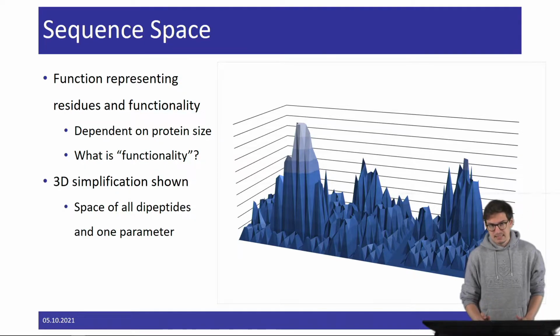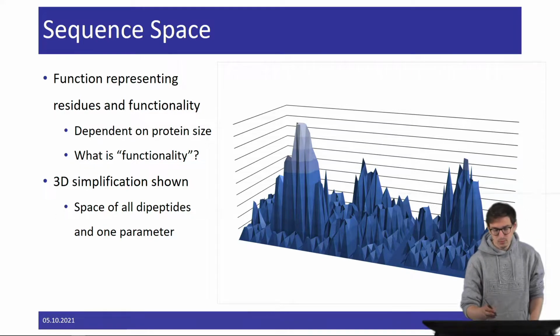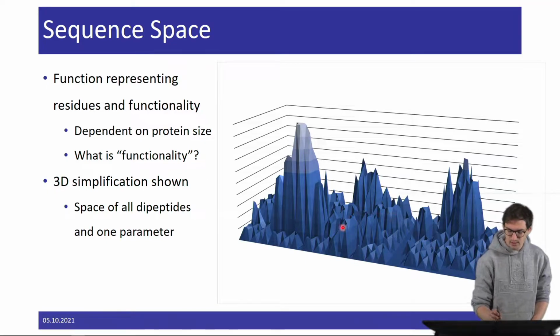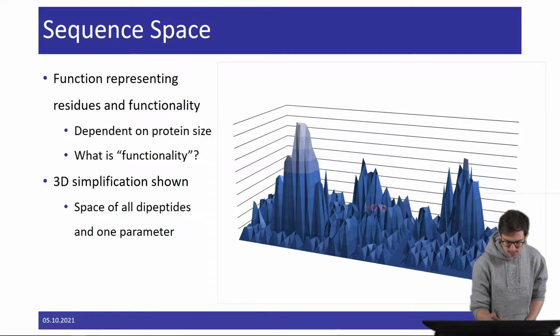So on the right hand side, as I said, we have an example, and this is a 3D simplification, so to say, of sequence space. So we just assume that this graphic right here represents all of sequence space for one specific case, for one specific protein. But if we were to dissect this in reality, we see that we have three axes, right? So this means that we have here a plane of all possible dipeptides. So this is for example, the first position of all amino acids, and this would be the second position of all possible amino acids.